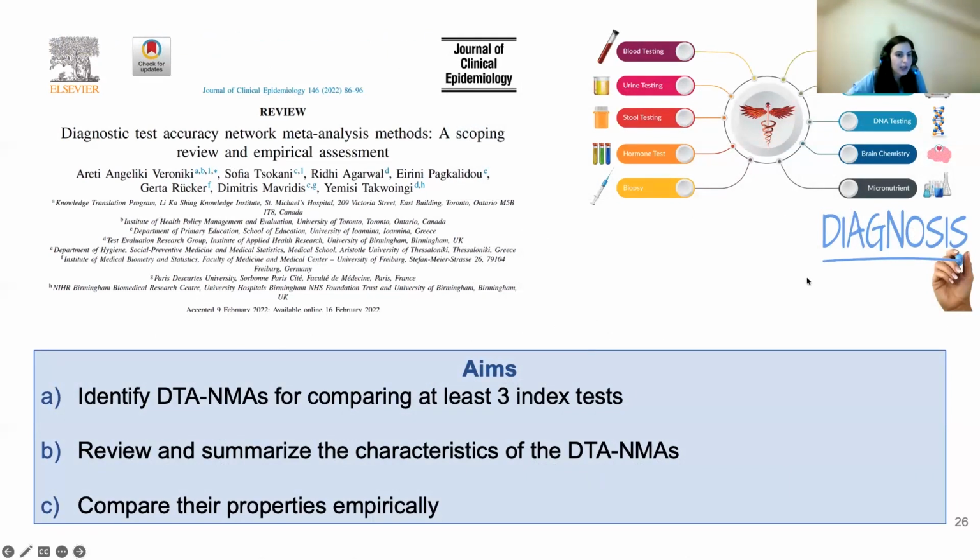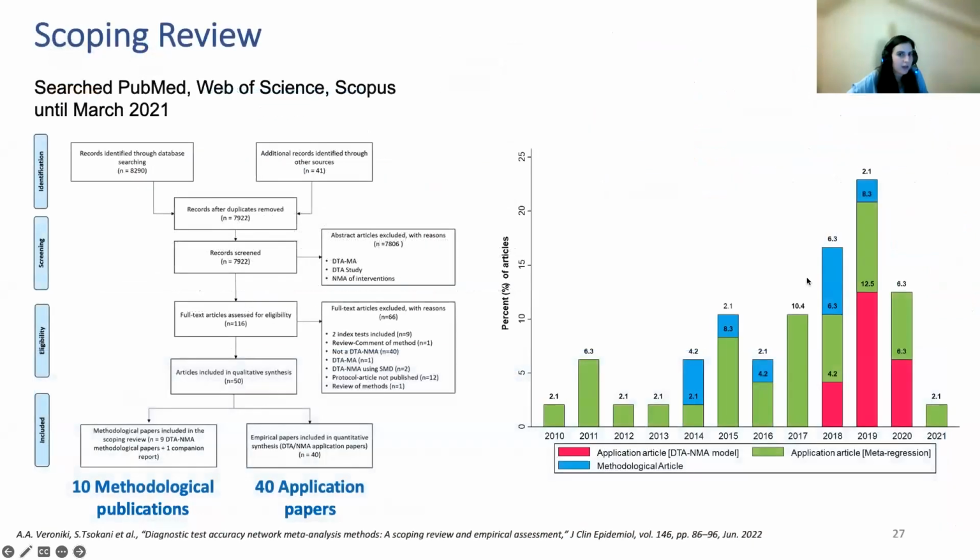So to this end, we performed, as we can see in the next slide, a scoping review, and we searched PubMed, Web of Science, and Scopus up until March 2021. So our search resulted in 10 methodological publications and 40 application papers, and we can see the distribution of the included articles across the years, and we denote in blue the methodological articles. We can see that they were published pretty recently.